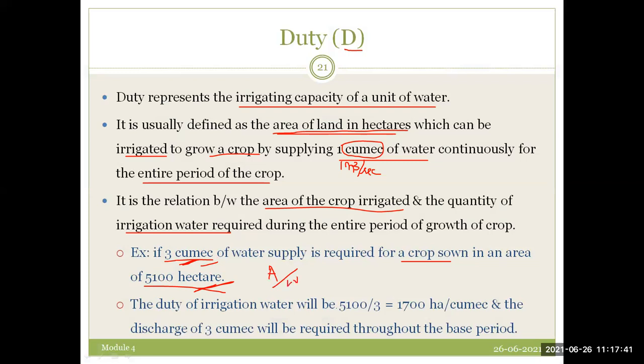So 5,100 divided by 3 is 1,700 hectare per cumec, which is the duty of water. And this discharge of 3 meter cube per second will have to be supplied throughout the base period. So that is duty.